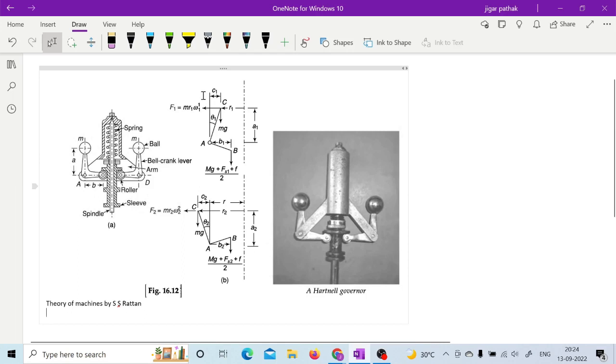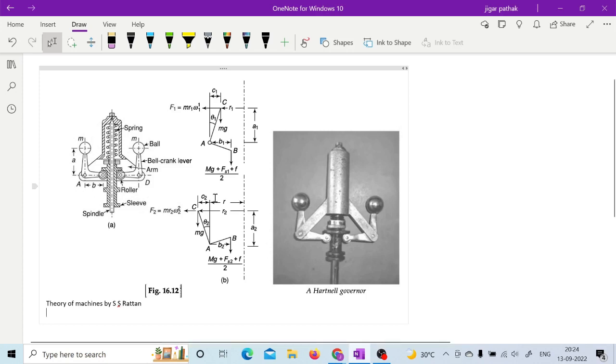If you see the different forces acting, again there is the centrifugal force m r omega square, and mg plus fs1 and fs2, which are the spring forces. So the spring force is added to mg plus f, which was there in the Porter governor.